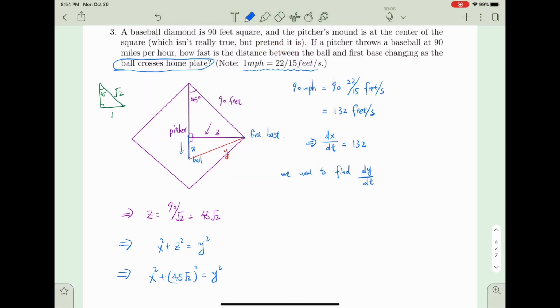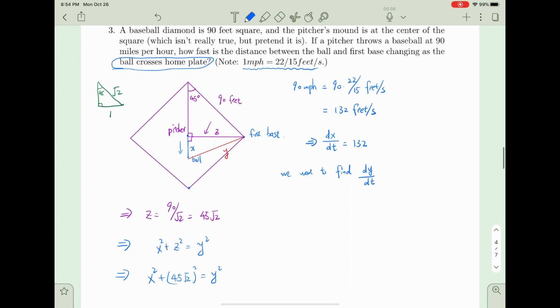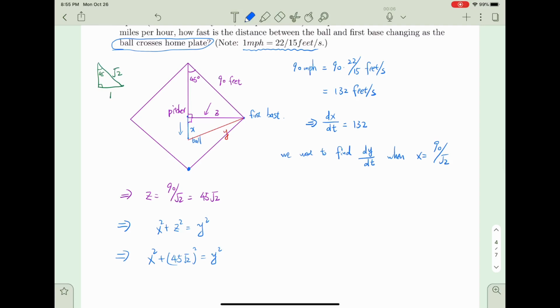By the time the ball crosses the home plate, the ball will be here, so at this time x will be the same as z. So x will be 45 times square root of 2, which is just 90 divided by square root of 2. So we want to find dy/dt when x is equal to 90 divided by square root of 2. That is what we were looking for.